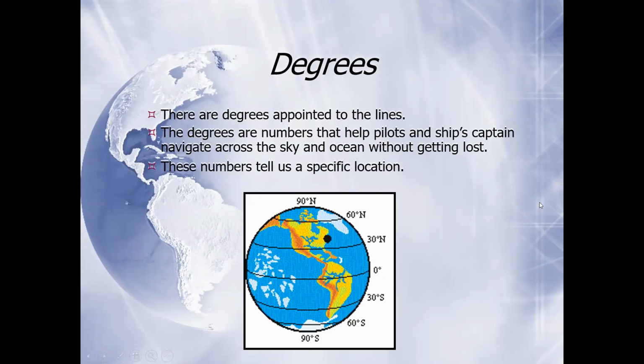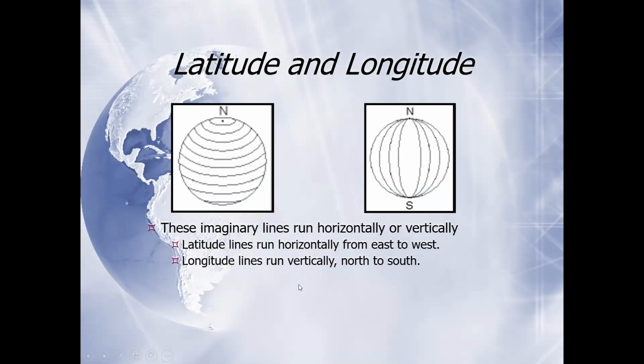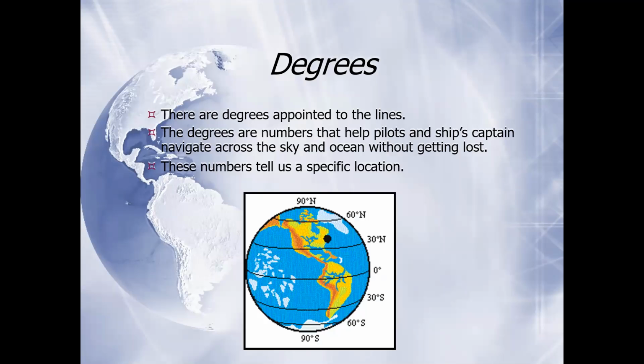There are degrees appointed to the lines, starting from the middle of the globe, the horizontal line. For now, we will be talking just about the horizontal lines, the latitude lines. The degrees are numbers that help pilots and ship captains navigate across the sky and ocean without getting lost.